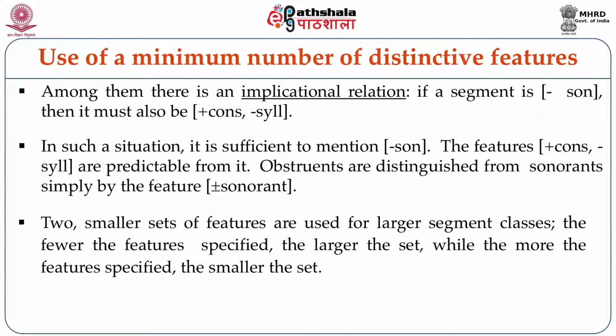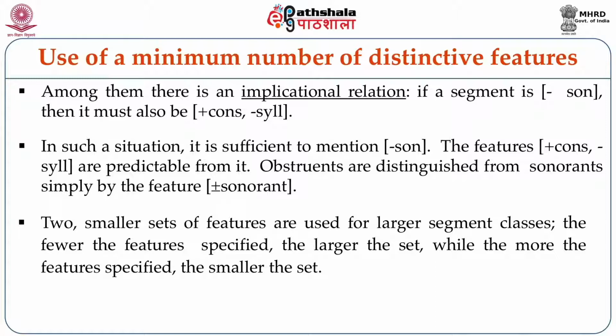So the moment we say minus sonorant, it is quite clear that the sound must be a consonant, which means the sound must be plus consonantal minus syllabic. Thus, if the rule is referring to obstruent consonants, then it is not necessary for us to specify the features plus consonantal minus syllabic. They can easily be done away with in describing the rules in the language.